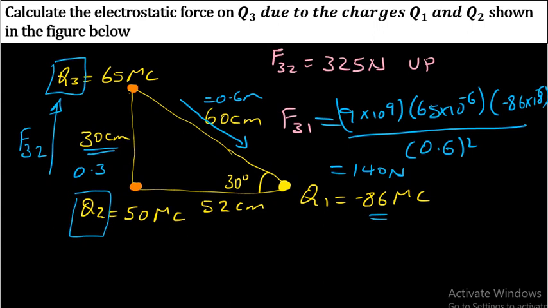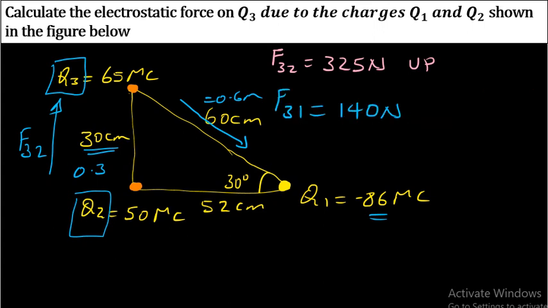Okay, now what is next? Since we are asked the resultant force, or the total force, which will be exerted on Q3 from Q2 and Q1, we know that the force from 2 on 3 is 325 Newton, which is upward force, but the force on Q3 from Q1 is not vertical or horizontal, so we have to decompose it.